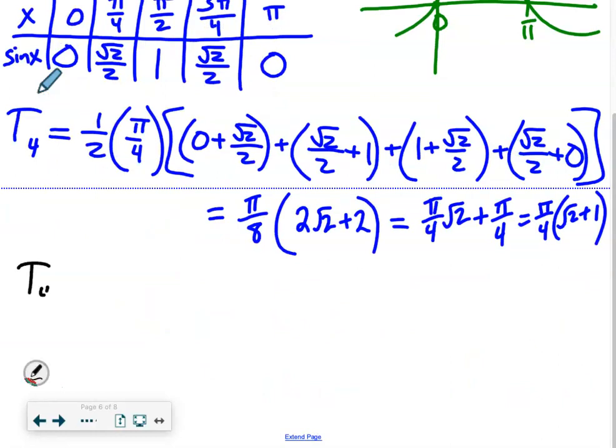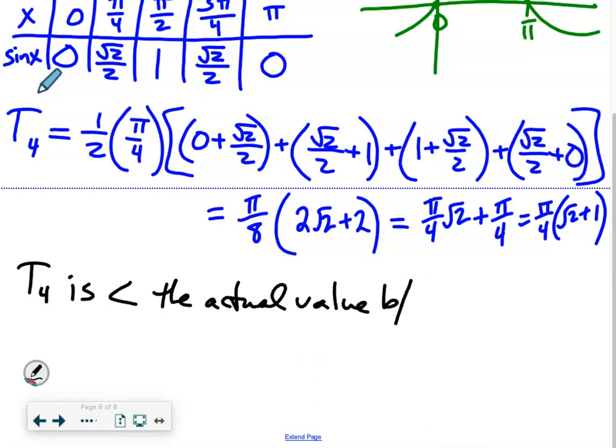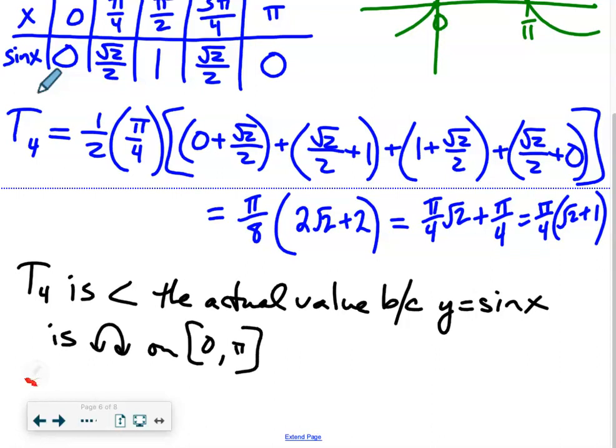T sub 4 is less than the actual value because y equals sine x is concave down on 0 to pi. Good. Okay. Any questions about trapezoids?